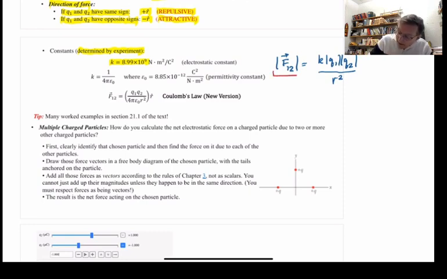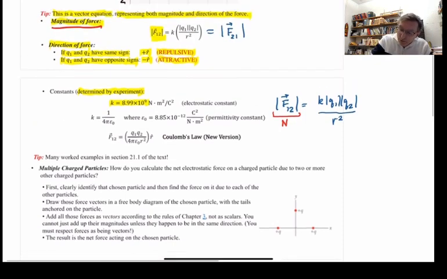On the left, we have the magnitude of a force, so it has to be in newtons. What do we have on the right? I have a charge amount, so that's got to be in coulombs, C, multiplied by another charge amount, in coulombs, C. So those two together, coulomb squared. And then I have a distance squared in the denominator, so that's meters squared.